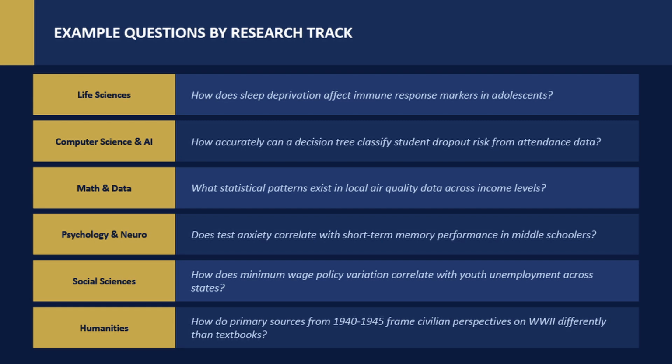And so the last research question is humanities: How do primary sources from 1940 to 1945 frame civilian perspectives on World War II differently than textbooks? So again, it's specific and it hits the three key ideas.